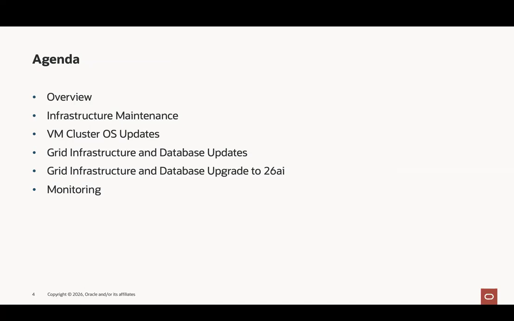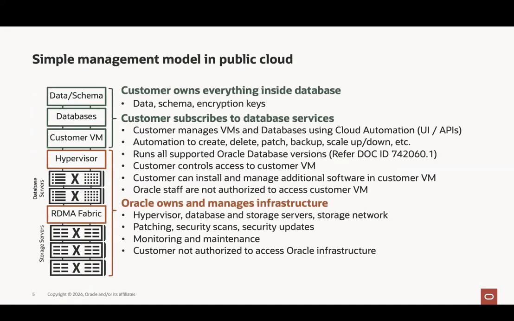Towards the end, we'll share how you can monitor all these update and upgrade processes. With that, I'll be handing over to Sheena to kickstart the simplified management model in the public cloud.